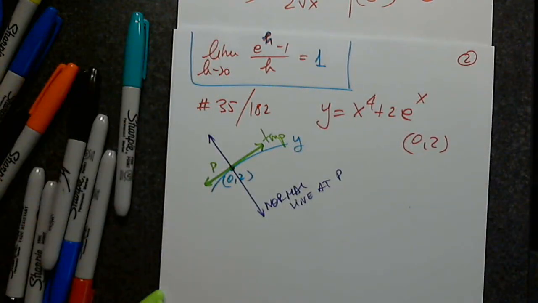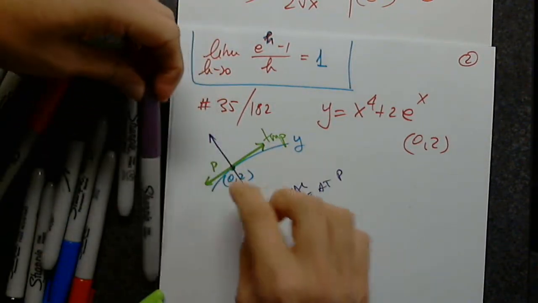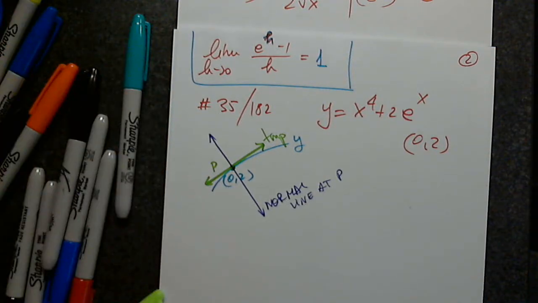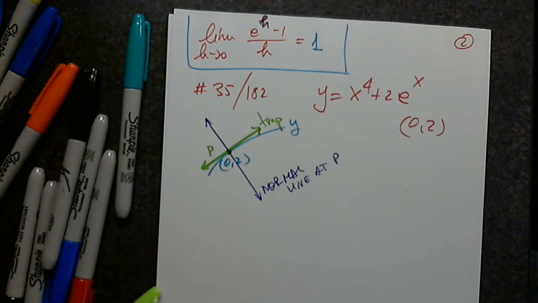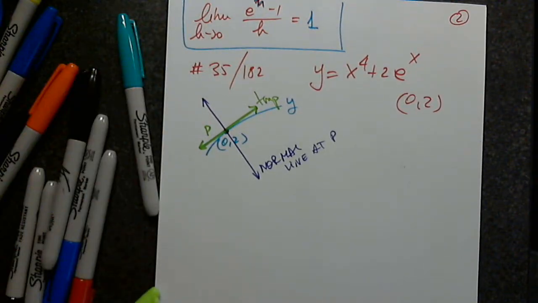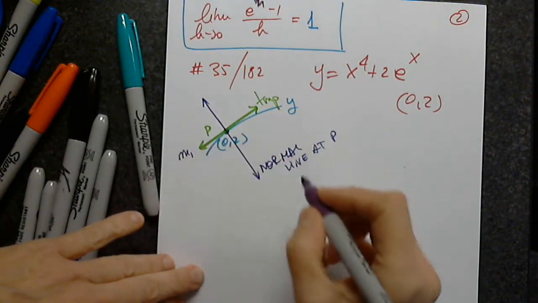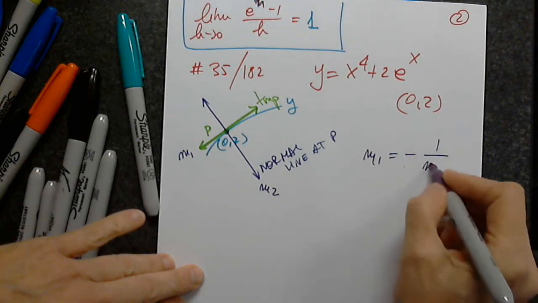So you just said the normal line is perpendicular to the tangent at the point. Yes. What do we know about two perpendicular lines? What is the relationship between their slopes? Same. Or no, they're opposites. A negative reciprocal of each other. Very good. So if I have this one, let's say m1, and this one will be m2, m1 equals negative 1 over m2.